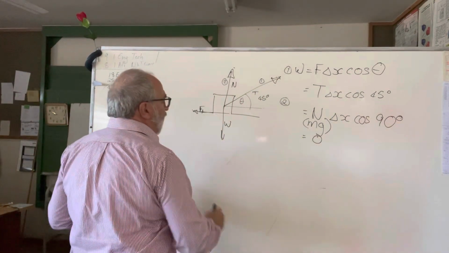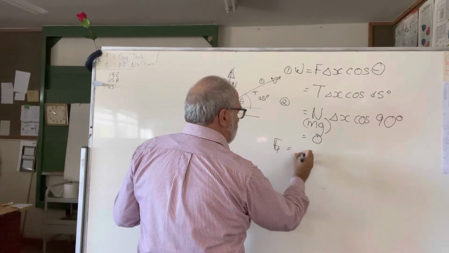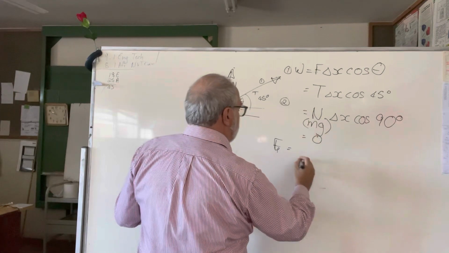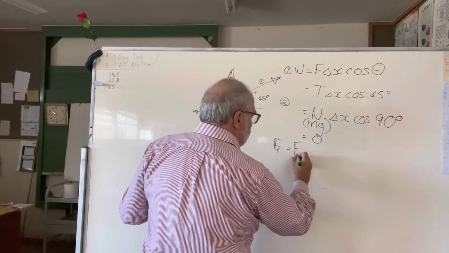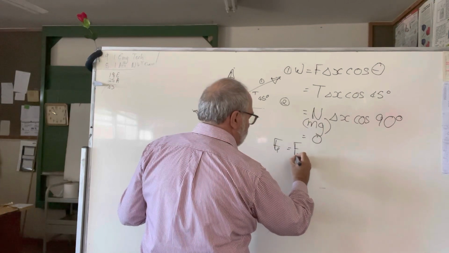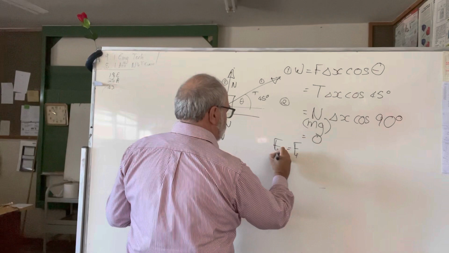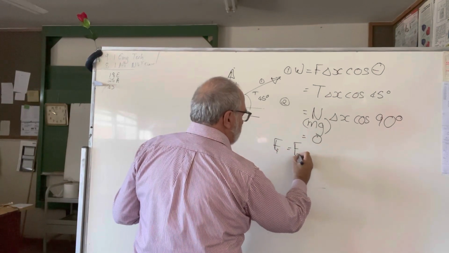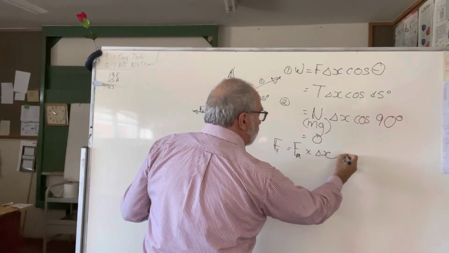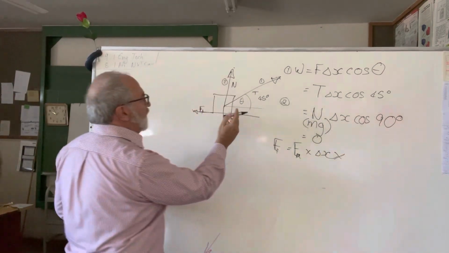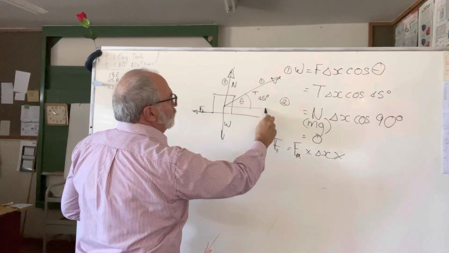Okay, this little guy, the F, because of friction, equals the value of friction, the F there, which they will give us, of friction. Let's put this, the F, friction, let's say FA, times delta X times, now you measure the angle from the direction of motion, let's say it's being pulled in that way.